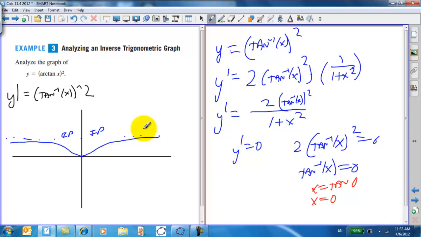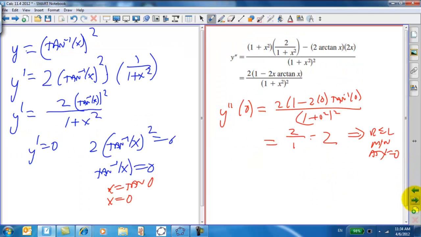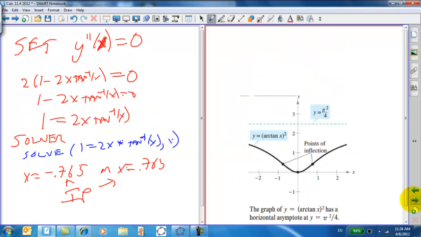Now, how do we get that horizontal asymptote? What is the limit as x goes to infinity? Well, that's some pretty sophisticated calculus, but we can check it on our TI-89. We can ask it, what's the limit as x goes to infinity of our function, which is y1 of x.